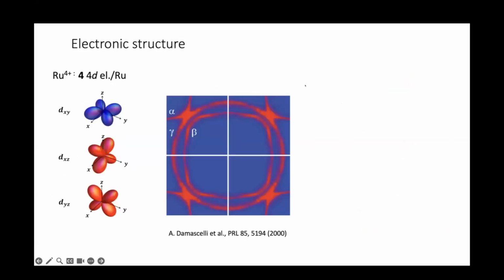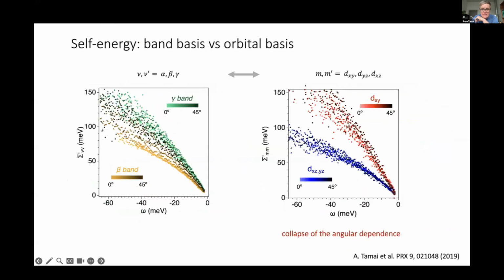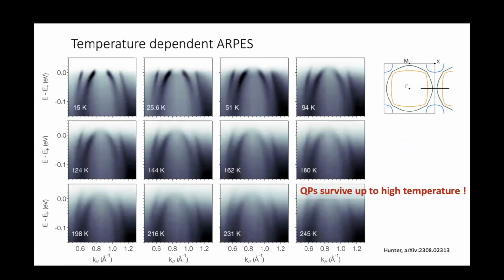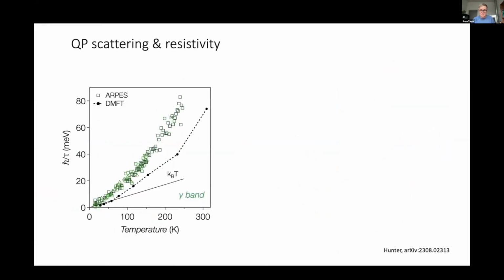Because on that slide there's no fitting curve. Yeah, I see. So this, okay, this is here. Yes, that is the one. So this is the scattering rate for the gamma band as a function of temperature. It's a Fermi liquid below 25 Kelvin from resistivity.